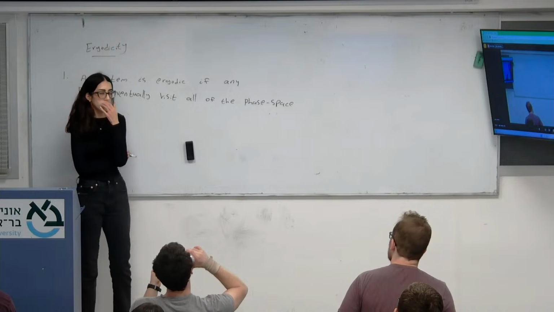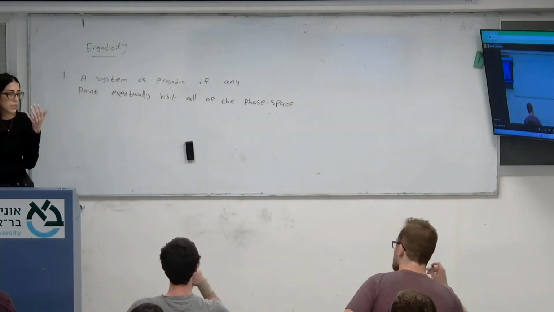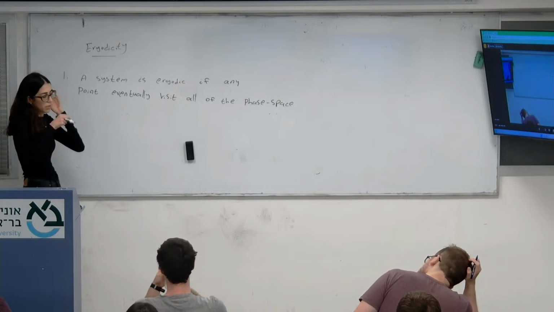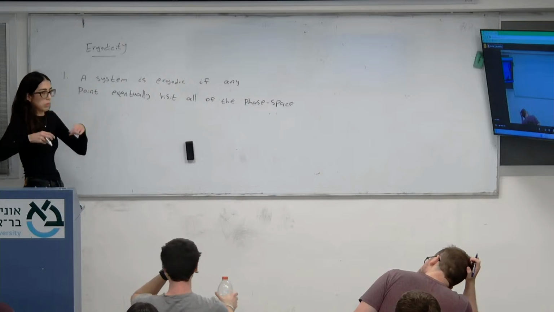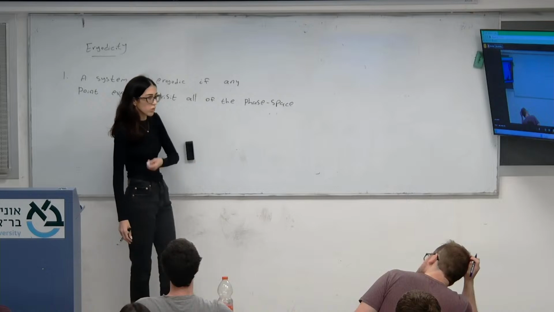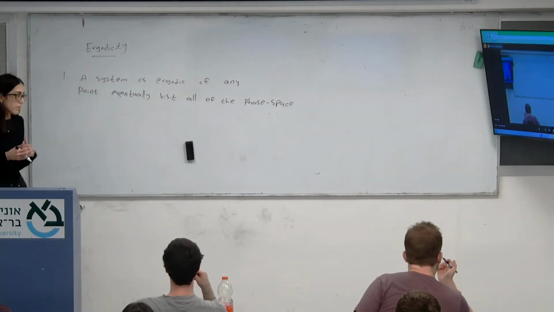One example is if you have a particle of gas in a box and you let it move around, eventually it will visit each point in the phase space of the box.